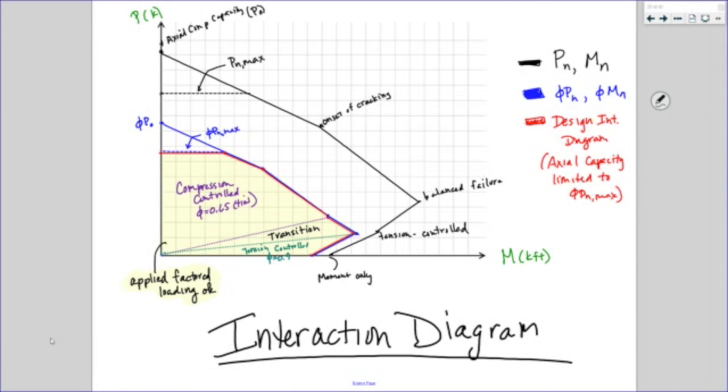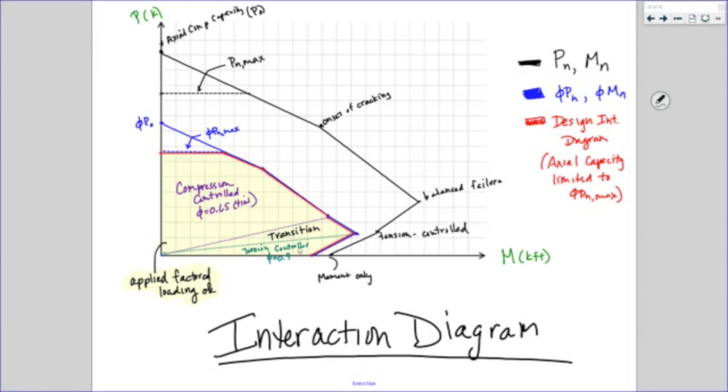Okay, so I cleaned up the one that we just did a little bit, and I took out all the values. I just wanted you to see the concepts. Here we have all of our compression control, and you see the difference from here to here is 0.65 all along it, whereas for tension controlled and moment only it's 0.9.